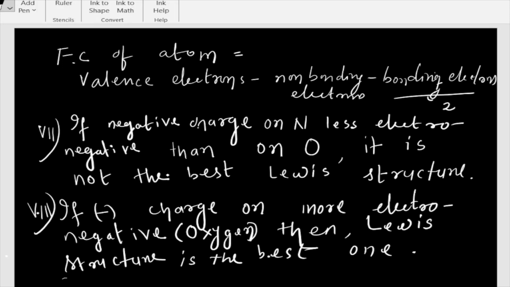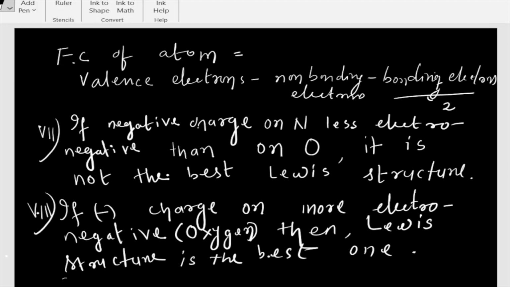If you compare nitrogen and oxygen, you know nitrogen is less electronegative than oxygen. So if there is a negative charge on nitrogen, it is not the best structure. That means a negative charge on a less electronegative atom gives a Lewis structure that is not the best one.